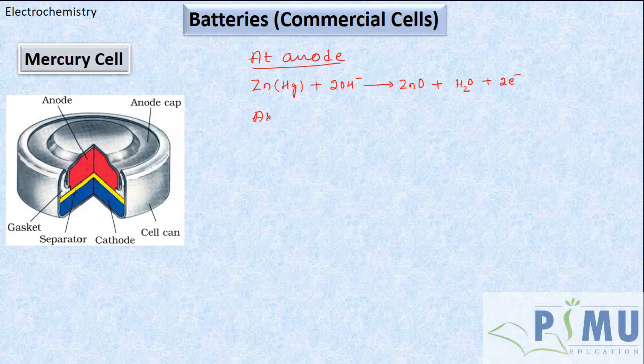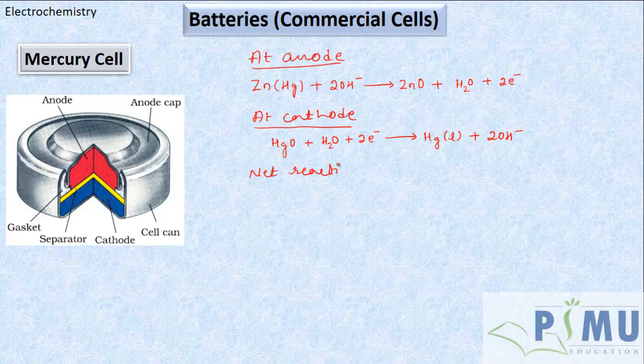At cathode, HgO plus H2O(l) plus electrons gives Hg(l) plus 2OH-, and the net reaction is zinc amalgam plus HgO gives ZnO plus Hg.